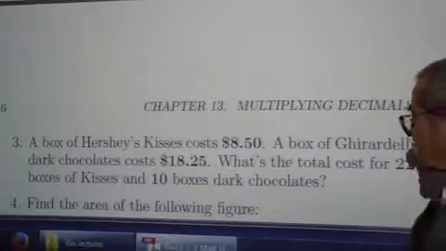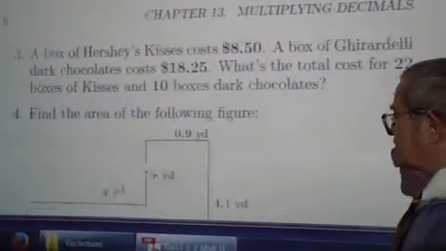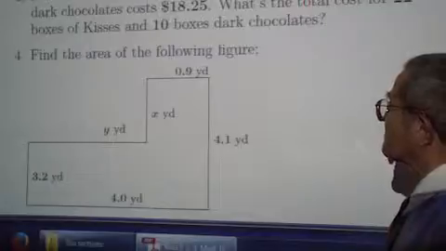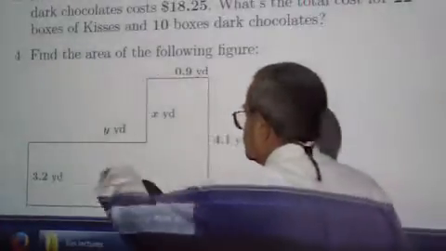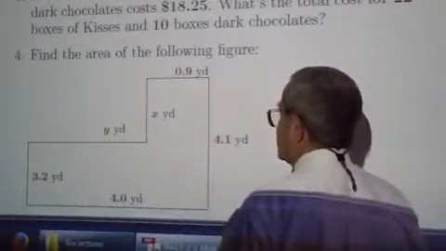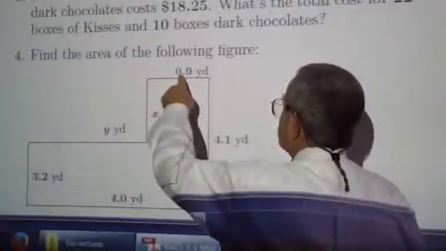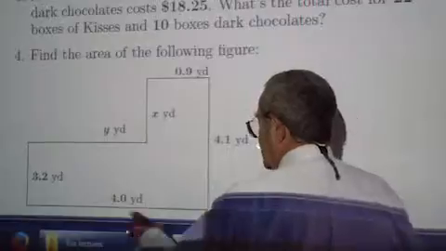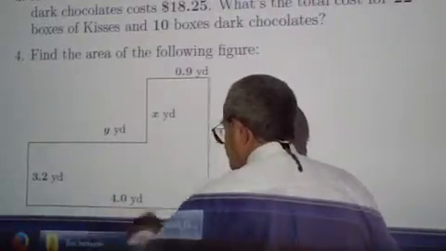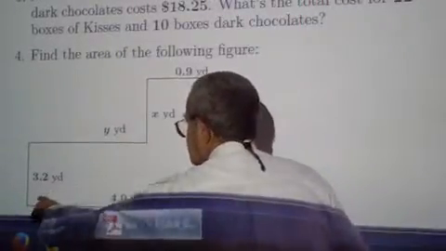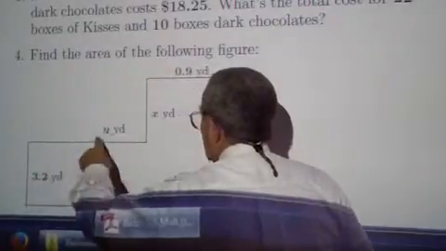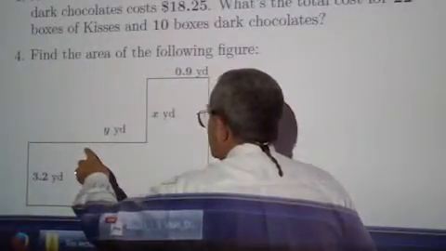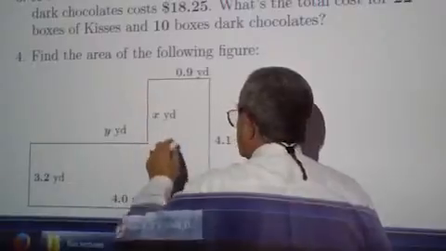Then, find the area of the following figure. You have an L-shaped figure. You have 0.9 yards up here, 4.1 yards on the right side, 4.0 yards on the bottom, 3.2 on the left, Y horizontally, and X vertically here.